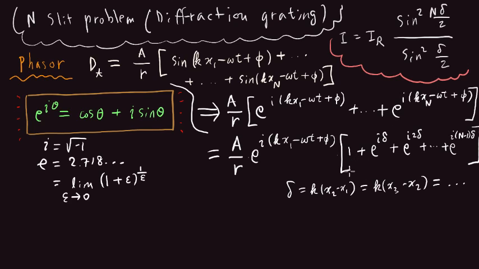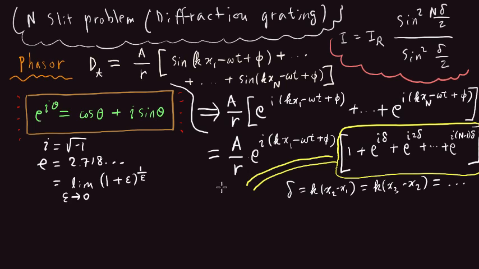What it is that this sum here, this simple geometric series sum, let's define it as f delta, because it's just a function of delta. This f delta is the only reason why we have this interesting interference pattern.